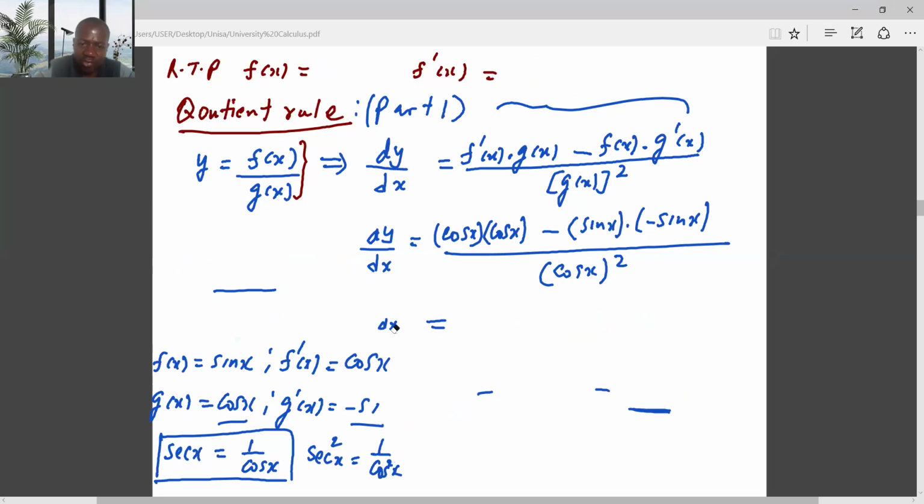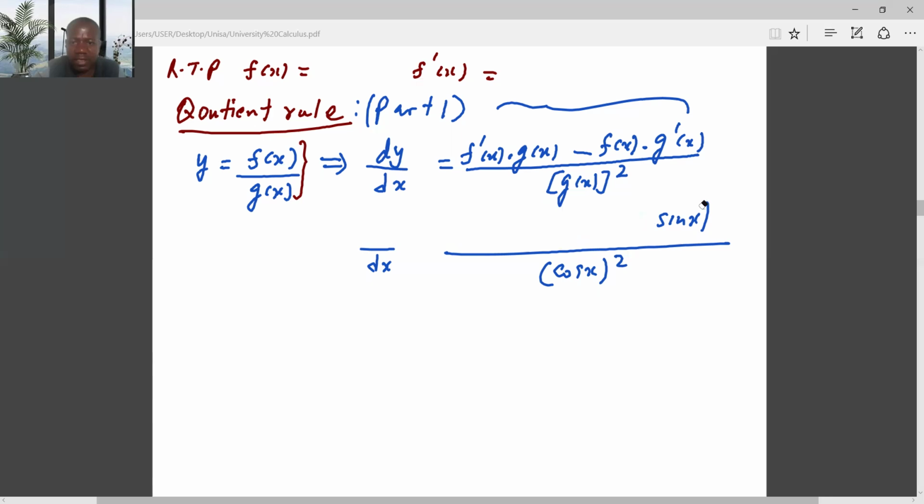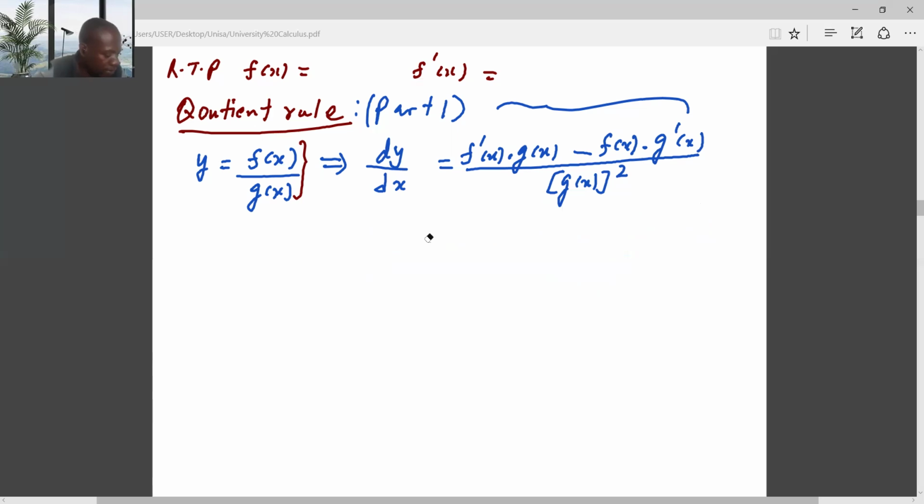We have proved it. Now, how about the derivative of cot, ladies and gentlemen?